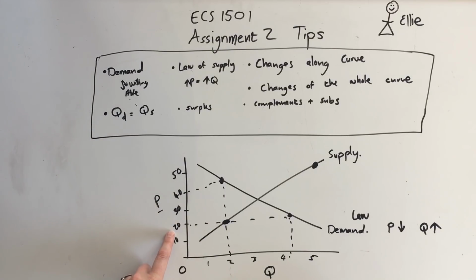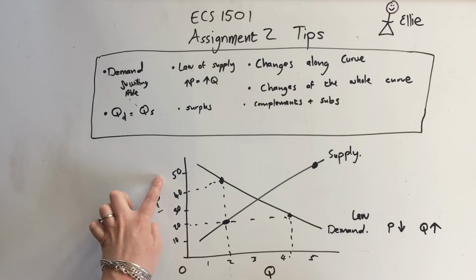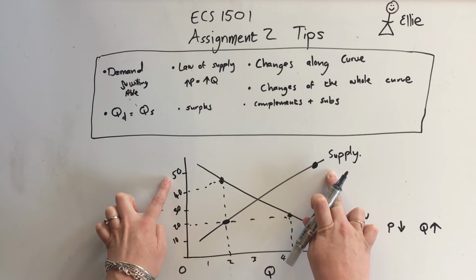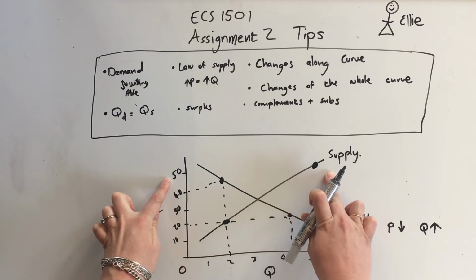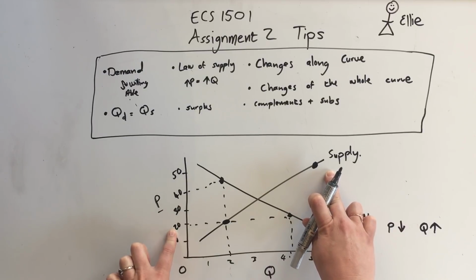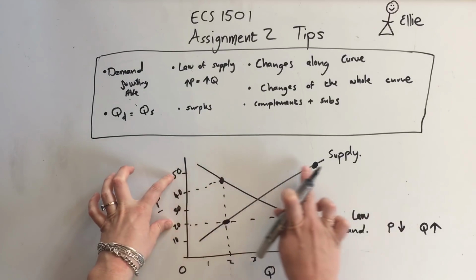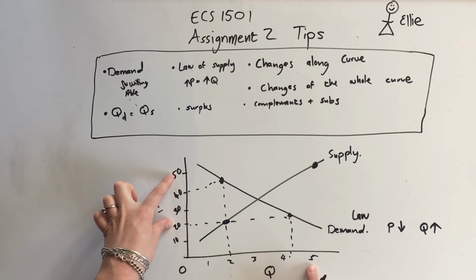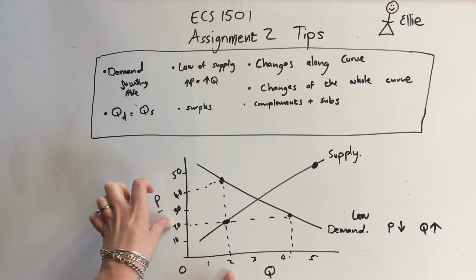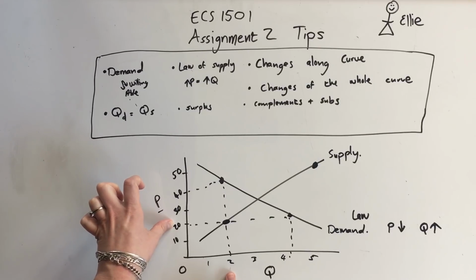The logical reasoning for this is that if they can supply the product at 50, they will probably make a lot of profit, whereas if they sell the product at 20, they won't make so much profit. That is why at 50, 5 people are willing to supply the product, whereas at 20, only 2 people are willing to supply the product.